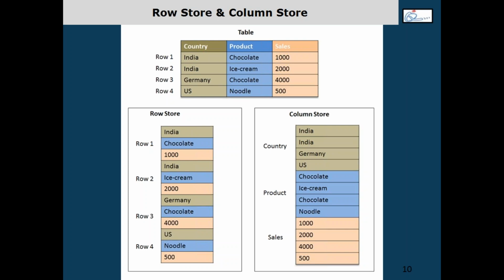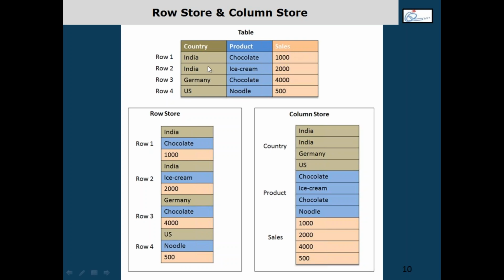The data of each record is clubbed together and stored as one set at one memory location. If I go to every memory location, I find the complete record. That is row store. Okay?